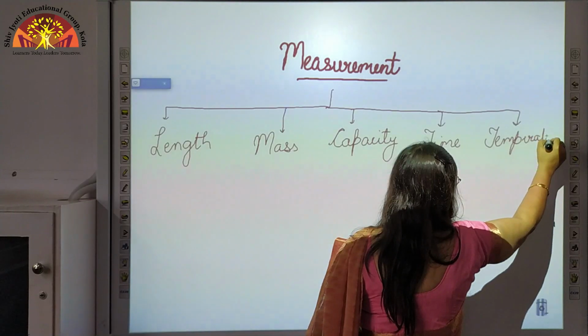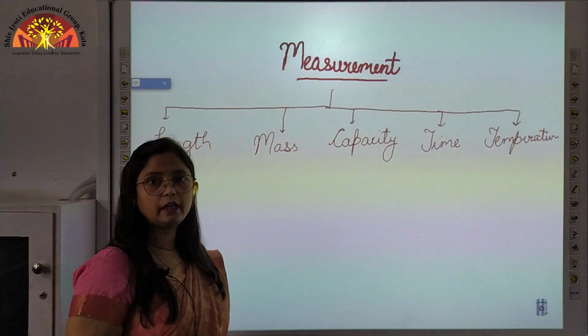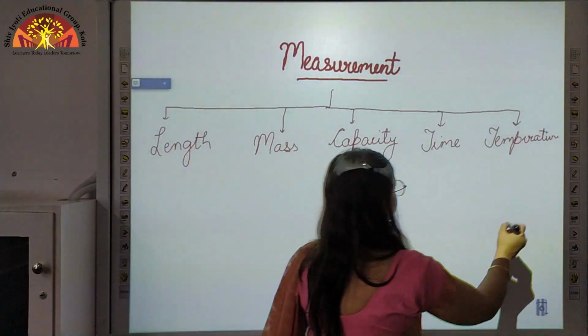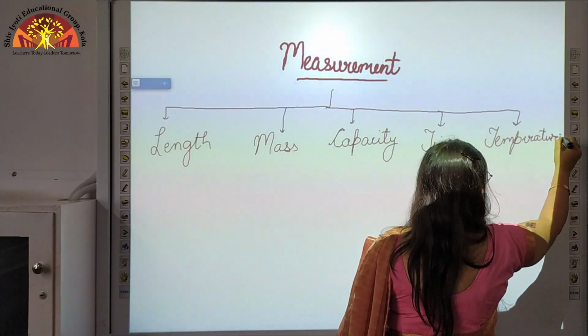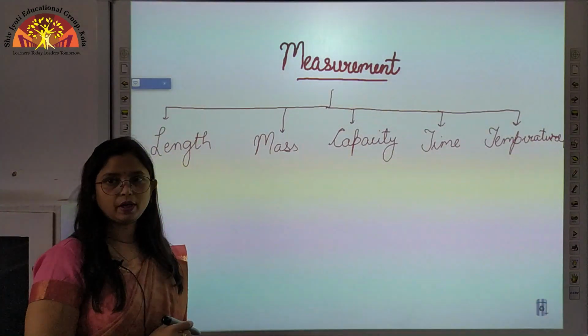So, these are the main 5 quantities which are generally used in day-to-day life. Okay, so let us discuss each of these one by one.